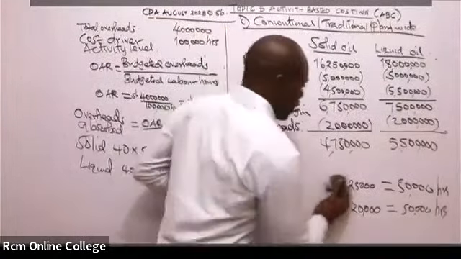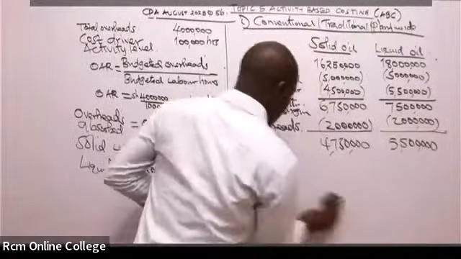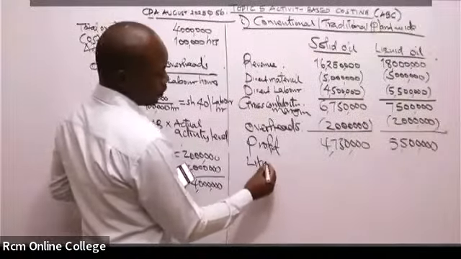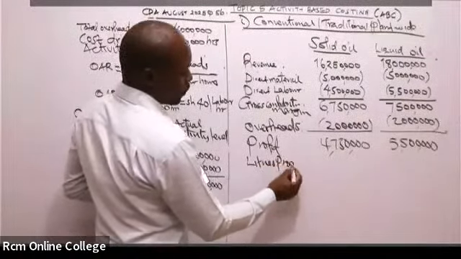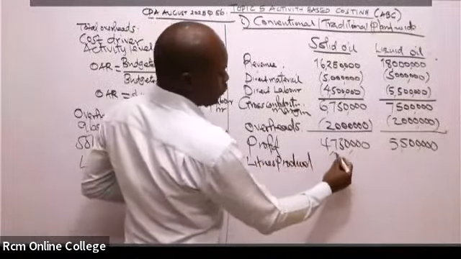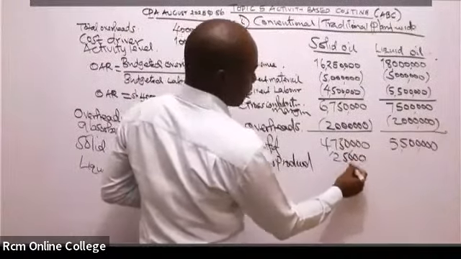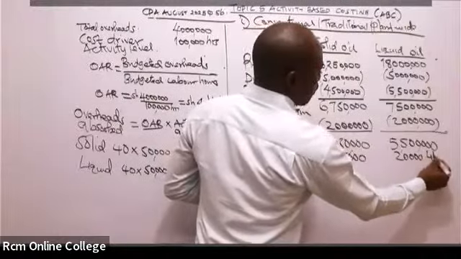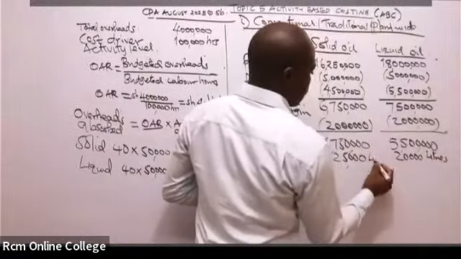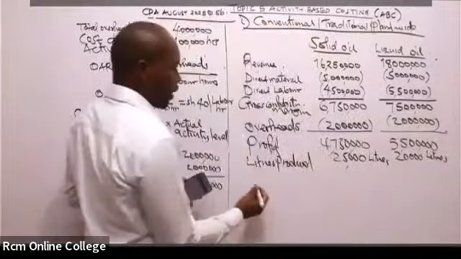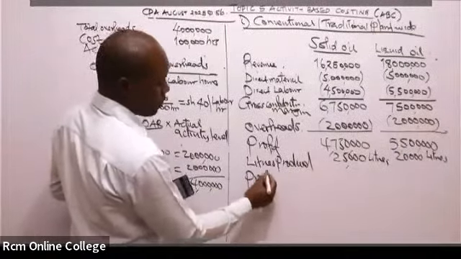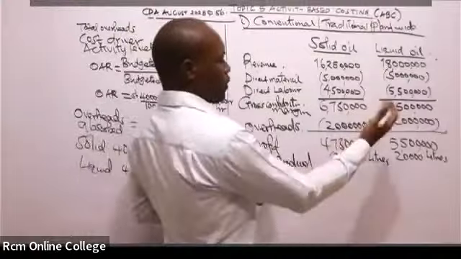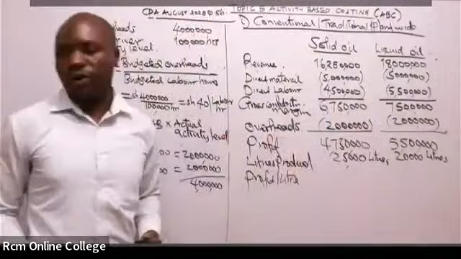So we now come here and talk about liters produced. We have 25,000 liters. We have 20,000 liters. Can we now get profit per liter? Profit per liter, 4,750,000 divided by 25,000.